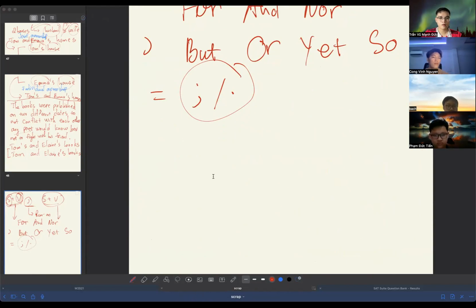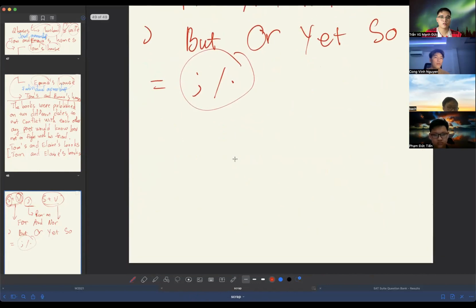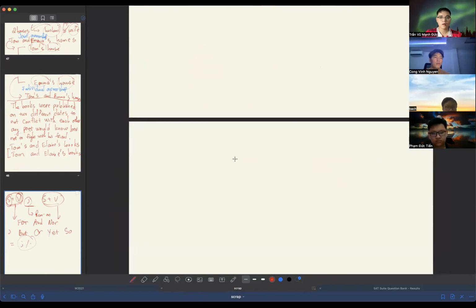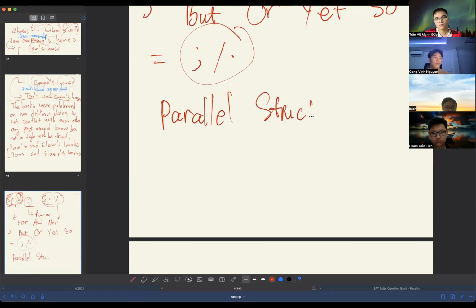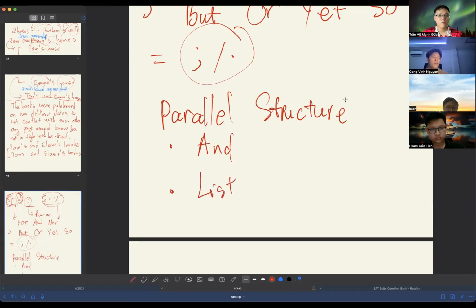Oh, first, let's talk about parallel structure. Parallel structure is just a way of saying that when the word and is used with a list, everything in between the and or in the list has to be parallel to each other.